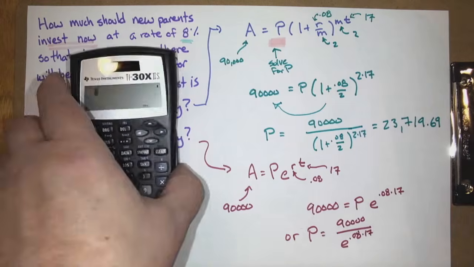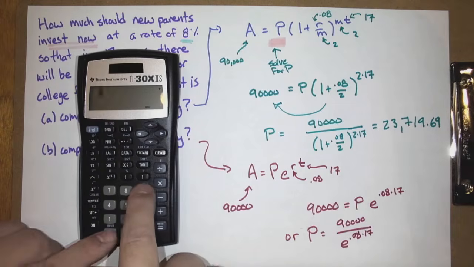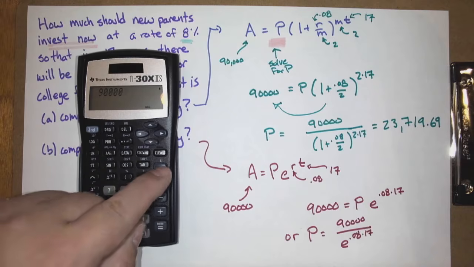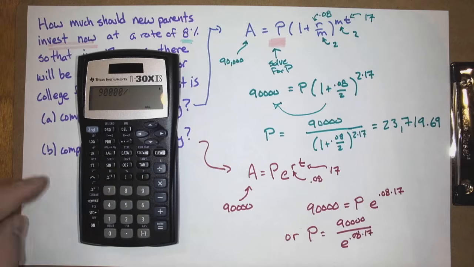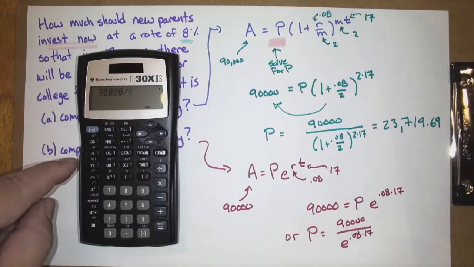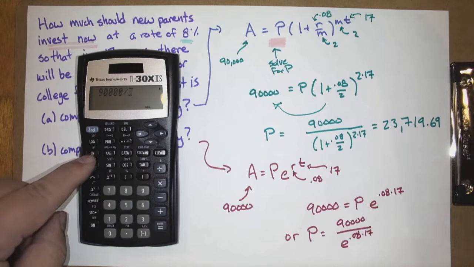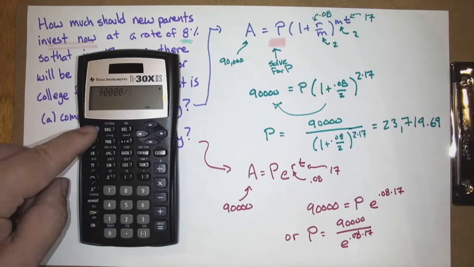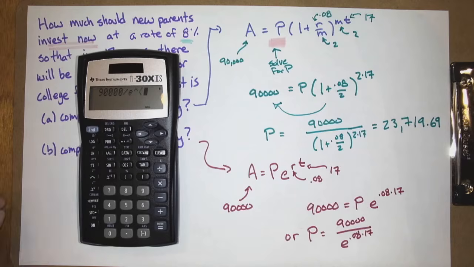So once more, I think this will be our last computation for the day. 90,000 divided by, we find our E button. Now, oftentimes the E's are tied to the log button, so in this case, you use the second log. For this calculator, all calculators are slightly different.